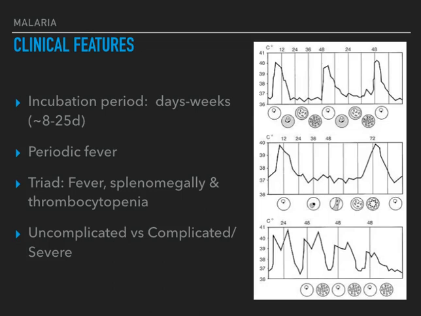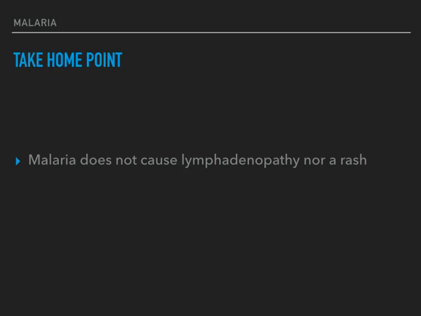On exam, you'll often find tachycardia, tachypnea, splenomegaly, as well as potentially hepatomegaly. Things that aren't typical of malaria include lymphadenopathy and a maculopapular or petechial rash. And that brings me to my next take-home point. When you see a rash or lymphadenopathy in a febrile returning traveler, make sure you expand your differential, because this is very atypical for malaria.